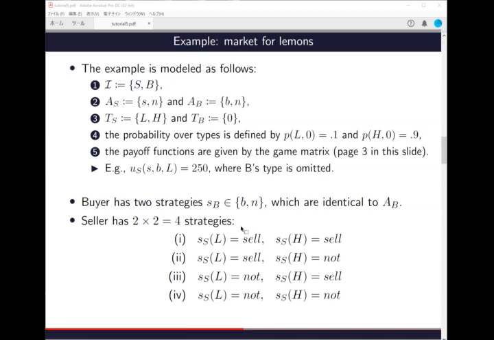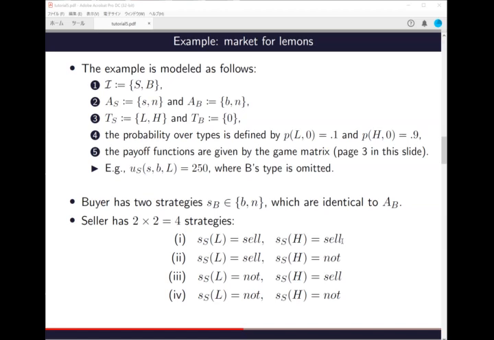The 4 pure strategies are described by all possible combinations of actions that the 2 types of the seller can take. For example, the first strategy, s_S(L) equals sell and s_S(H) equals sell, means that the low type seller chooses to sell and the high type seller also chooses to sell.